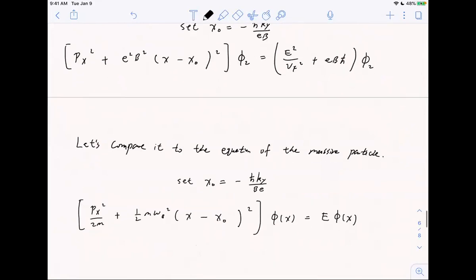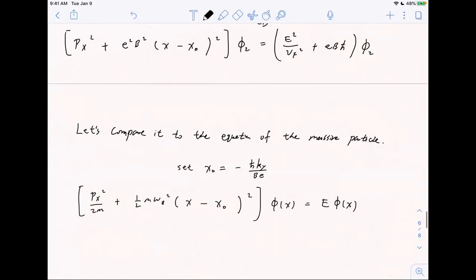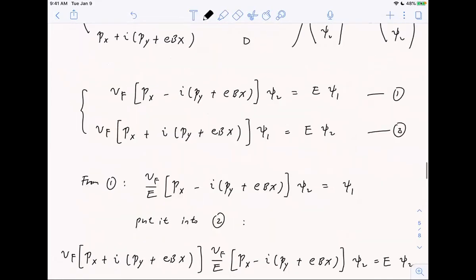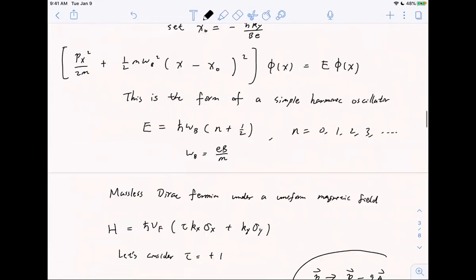Okay, so if you compare this with this, here omega_b, what is omega_b here? If you check omega_b, yeah, this one.